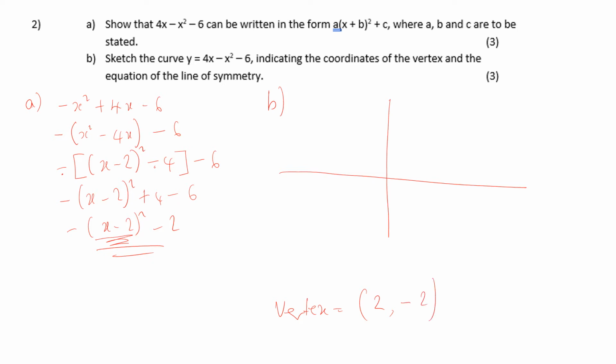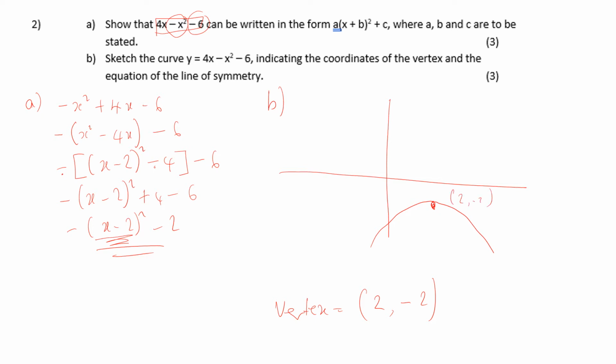So the vertex is at 2, minus 2, so about there. We know from the original equation here that it is going to be an upside down parabola because it's a minus x squared, and also it's going to go through minus 6 on the y-axis. So something like that. So that's the vertex at 2, minus 2.